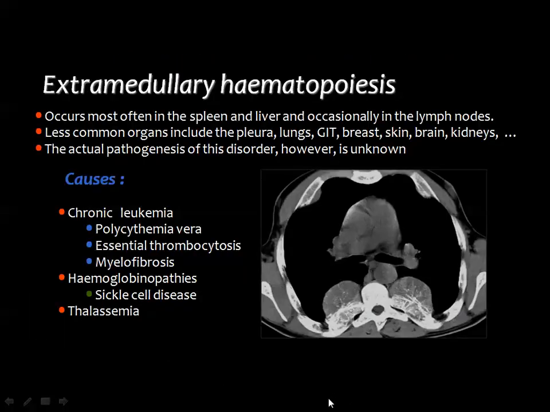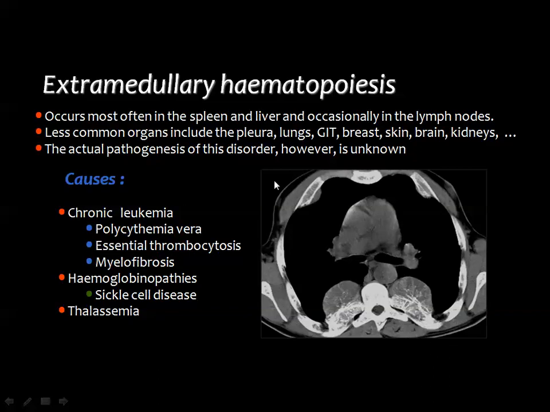And extramedullary hematopoiesis usually occurs in the spleen and the liver and also in the lymph nodes, but sometimes you can see this extramedullary hematopoiesis in the posterior mediastinum.